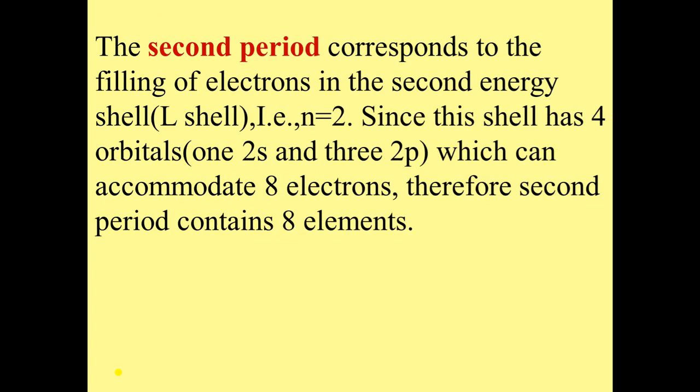Now the second period. The second period corresponds to the filling of electrons in the second energy shell, that is the L shell, and we can write it as n is equal to 2. Since the shell has 4 orbitals, one 2s and three 2p, which can accommodate 8 electrons, the second period contains 8 elements.